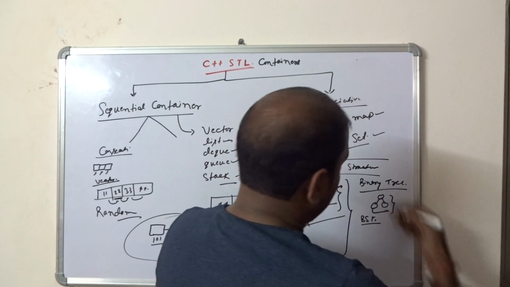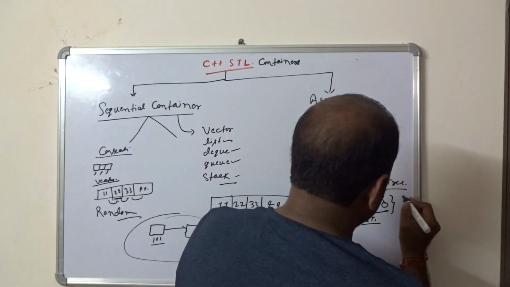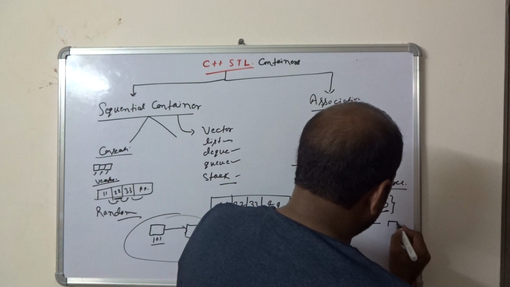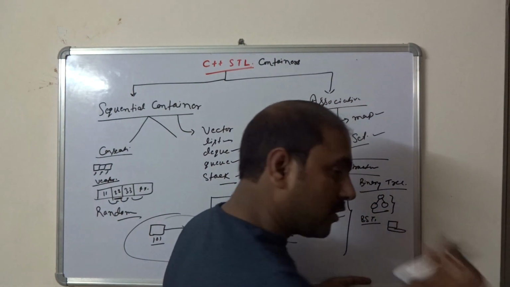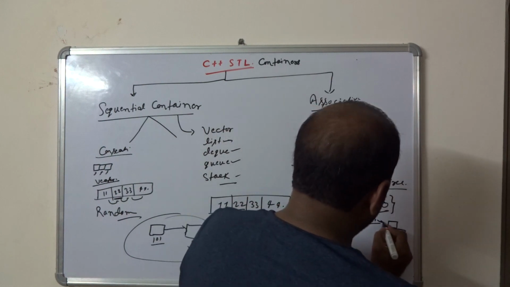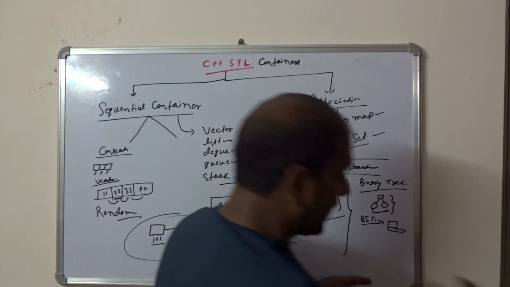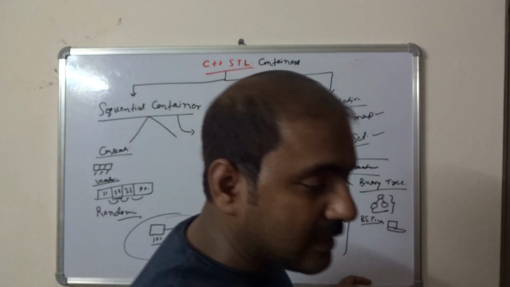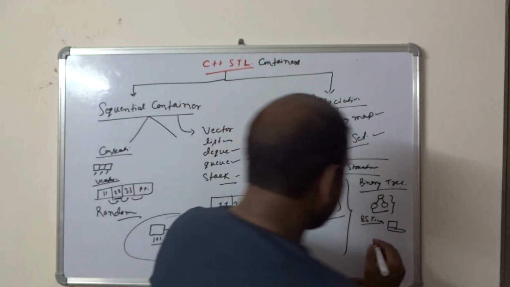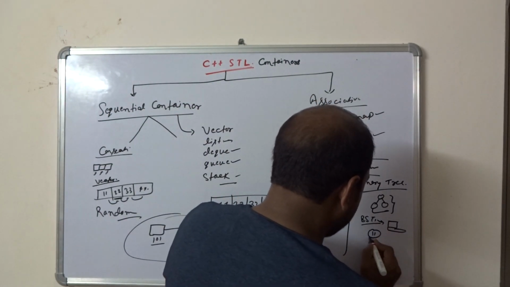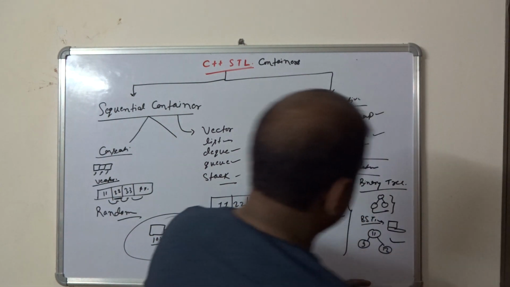The binary tree is the base concept, and on top of it we have added another rule in the BST: the left child will be less than the root and the right child will be greater than the root. So if this is 11, then here is 9 and here will be 12. This is the BST, binary search tree.